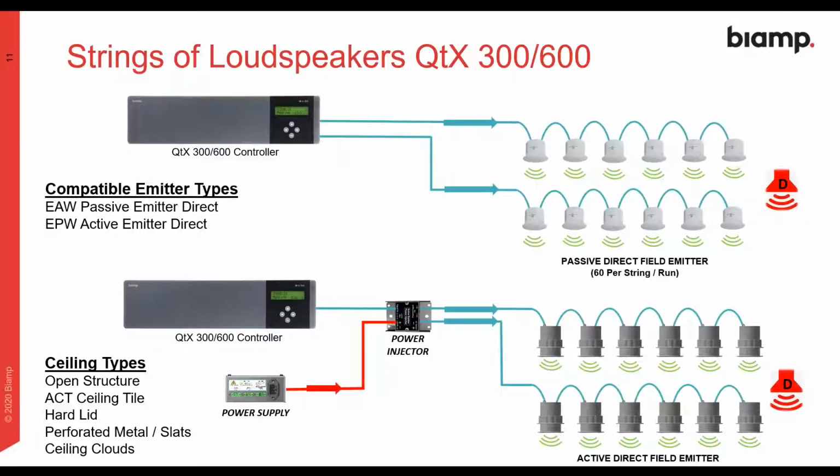The difference being that if I had multiples of these, and you'll see in some of the graphics, I can tie across controllers and have zones that share across controllers. I'm not limited to and locked into a single controller. So I don't have to manage each one of these as an island. I can bring these all in and group them as a team and a system. So the same kind of structure types for our direct masking: open structure, ceiling tile, hard lids, metal and slats, and then ceiling clouds type applications.